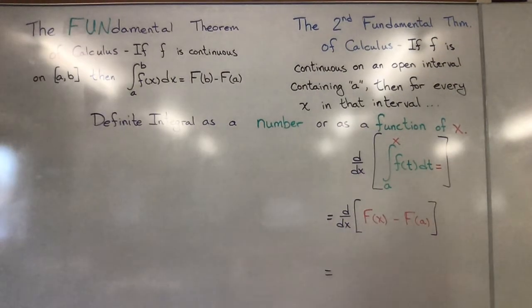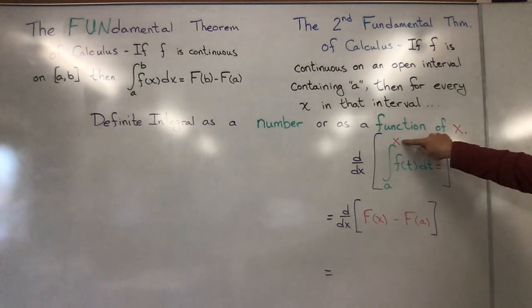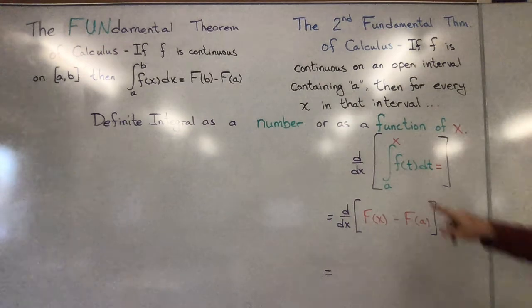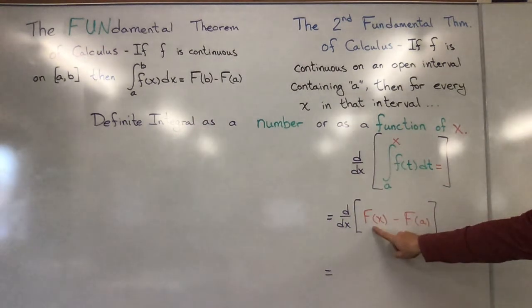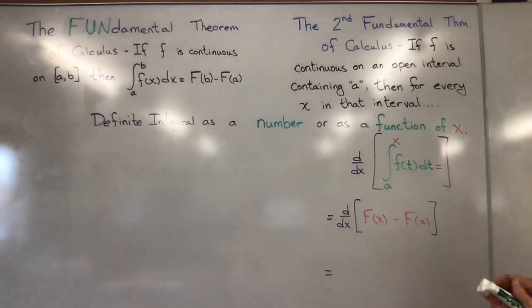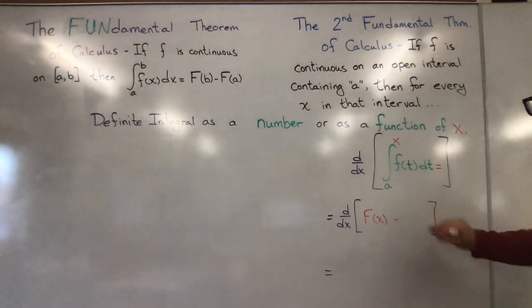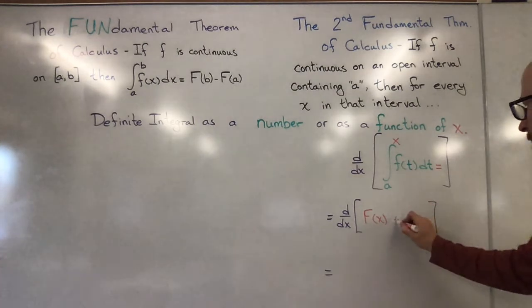No, my friends, the second fundamental theorem is all about what happens when you take the derivative of a definite integral that is a function of x. So I integrate this, I get capital F, the antiderivative, of the upper limit minus the lower limit. We already said it doesn't matter if a is a constant, we know that is going to be a constant.